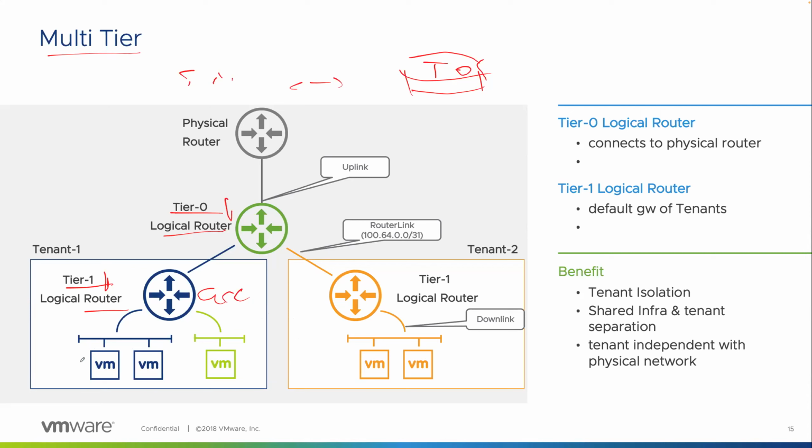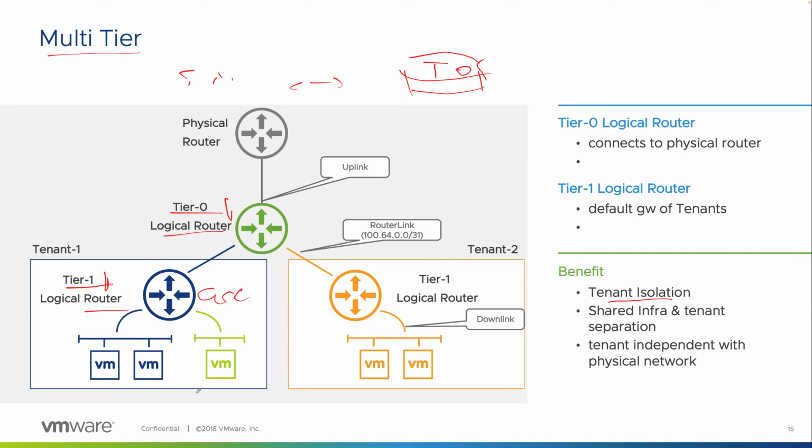For example, when we look at the creation of tenants, firstly, we separate the tenants into an isolated networking part. Secondly, when we think about tenants, each is independent with its own network.